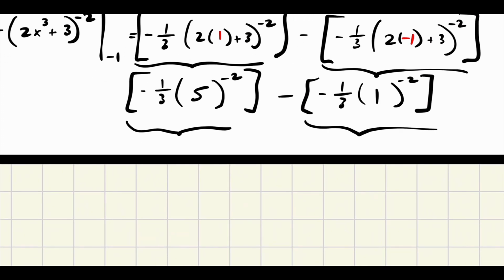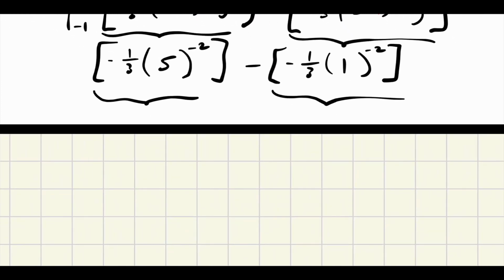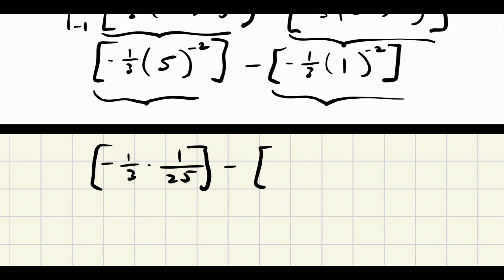How do I deal with a negative power? Move it to the bottom, right? So instead of 5 to the -2, it's going to be 1 over 25. So it's going to be -1/3 times 1 over 25. And then this is going to be negative 1/3 times 1 over 1, because if you move 1 to the bottom, it just stays 1.